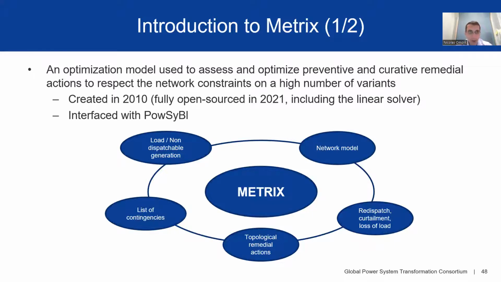You will find load and non-dispatchable generation time series, and then you will find the actions that are allowed to address a constraint violation: redispatching, curtailment, and loss of load, as well as topological remedial actions. And of course, a list of contingencies that the optimizer has to cover to ensure the safety of the grid. Next slide, please.